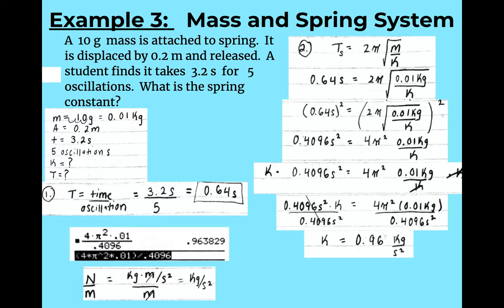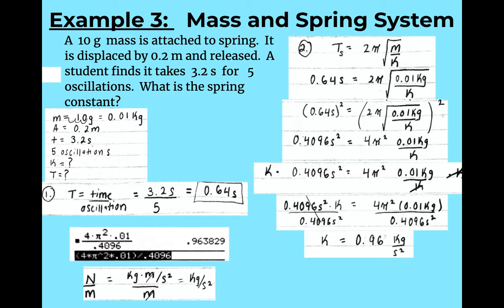We're dividing that by meters, so you have kilogram meters per second squared divided by meters. The meters cancel out, and we have kilograms per second squared. So dimensionally, a Newton per meter is equivalent to a kilogram per second squared.